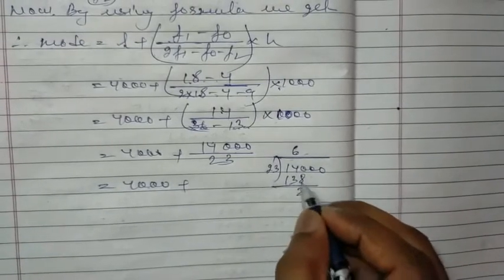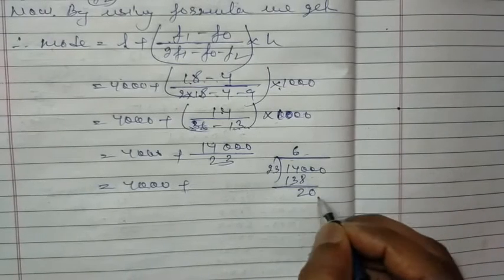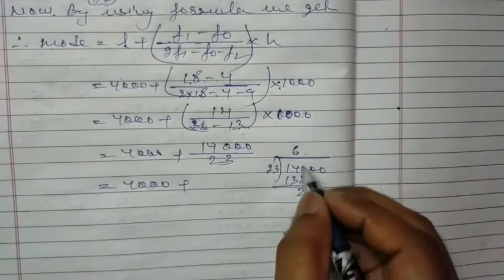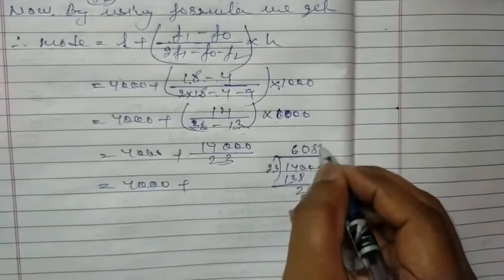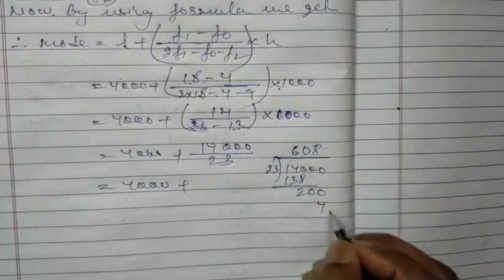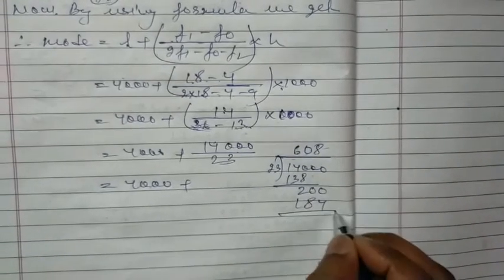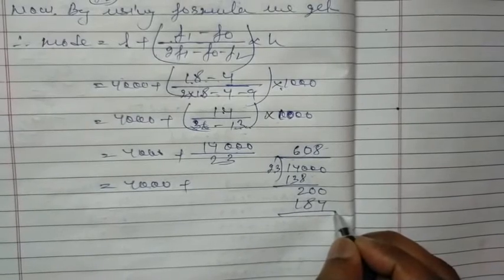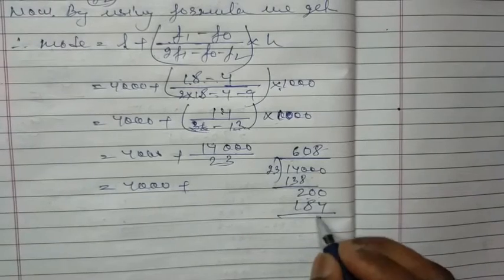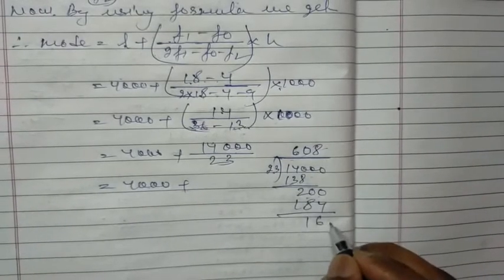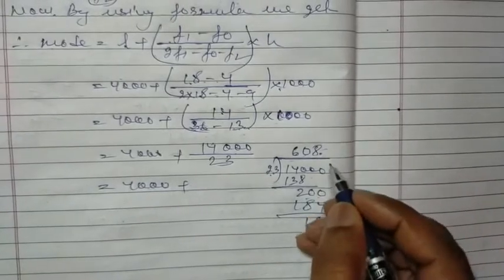So it will be here 1, 0. We cannot divide 13 into 1, so I have to put 0, then again 0. Now 8 times. 8 3s are 24, 2 carry. 8 2s are 16, 18. If I subtract here, it will be 6. Again, 13 cannot divide 6, so we have to put the decimal here.